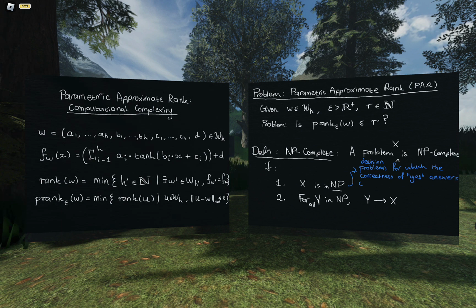Now you get a clue. Someone is able to try and prove this to you. So think of it like this. In the example of parametric approximate rank, it would have to be, is the parametric approximate rank of this parameter less than or equal to R?